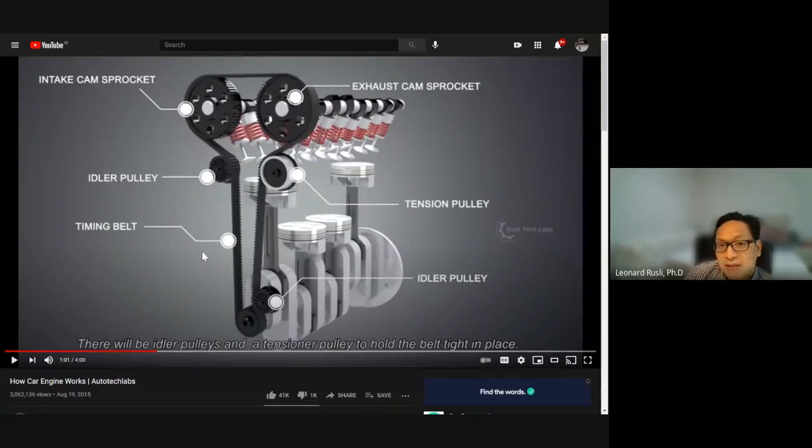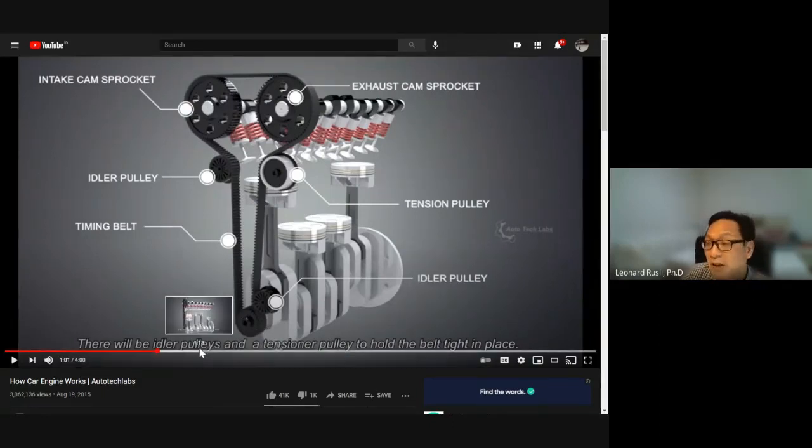You got belts connecting the crankshaft to the camshaft above this. Okay, the camshaft controls the valve opening. They have to be synchronized. This belt is called a timing belt. Okay, they synchronize the rotation of the crankshaft and the camshaft.